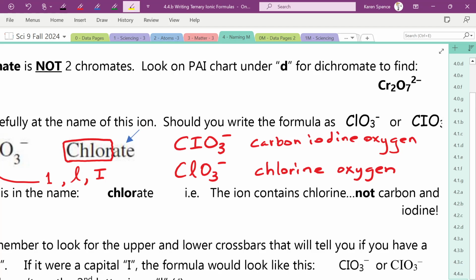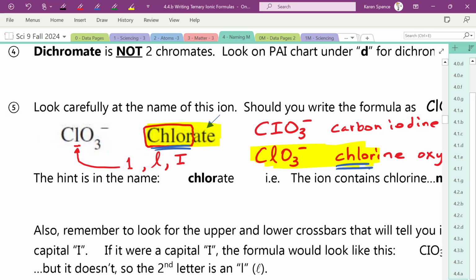The name of this ion is chlorate. Which one is correct? Because it's made with chlorine. Yeah? Chlorine makes chlorate. Carbon and iodine don't make chlorate. Does that make sense? Because chlorate is based on chlorine. All right? So watch out for that because the font is not as beautiful as one might like. It is kind of hard to tell, but the I's will always be written.